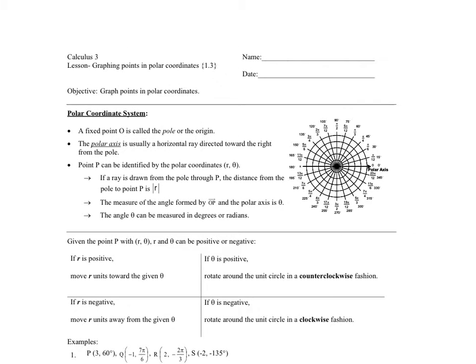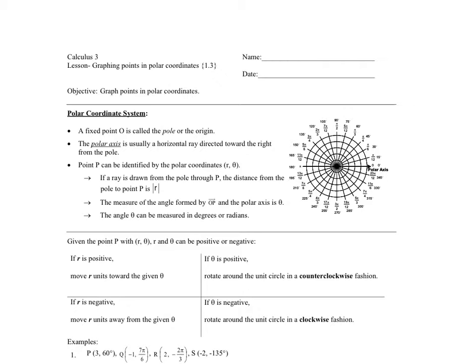All right, polar coordinates. Now that we know everything there is to know about parametrics, that's not really the case. What we have to do is start learning about polar coordinates so that we can start merging the two ideas.